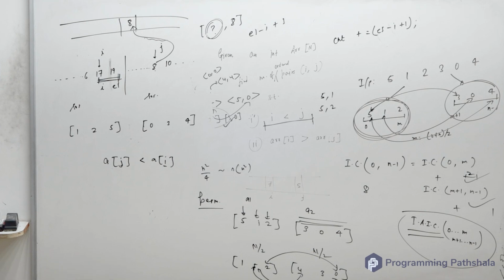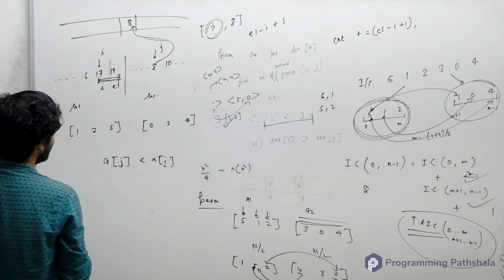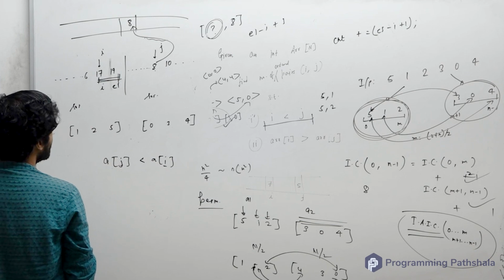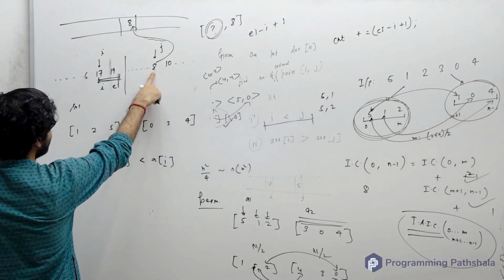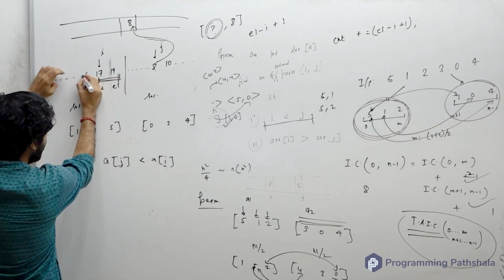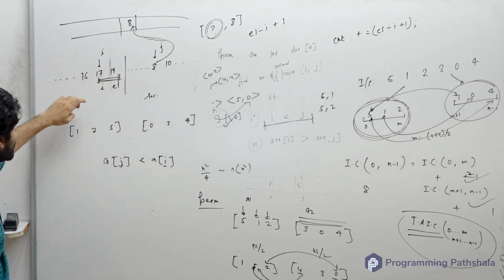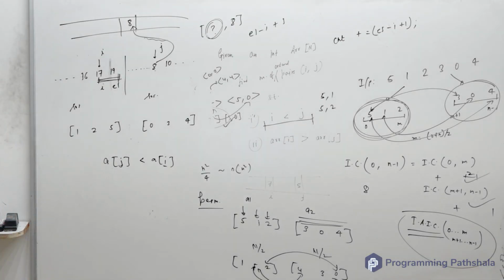Because you tell me, can it ever happen that an element that was greater than this 8 lied towards the left side of it? Can it ever happen that I had something like 16 over here? It cannot happen. Why?